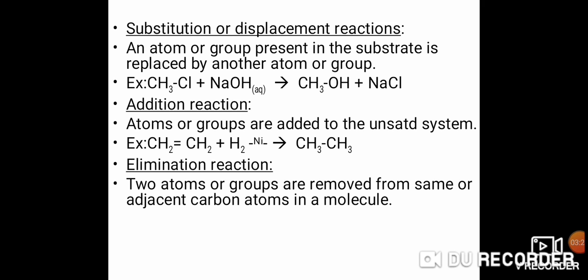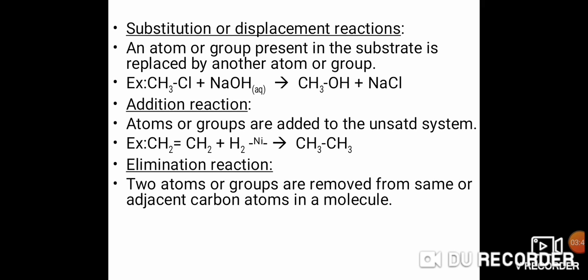The pi electrons are overlapping laterally to form the pi bond. They do not combine with any other outside atom or group.